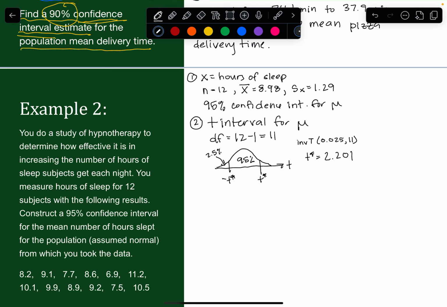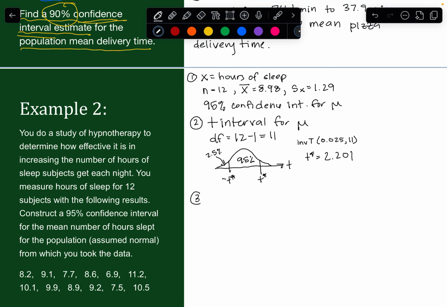T values are typically rounded out to 3 decimal places. Z values typically 2, except the one we saw in the last example. If you forget, an extra decimal place is always better than being short one. But typically 2 to 3 decimal places for critical values.